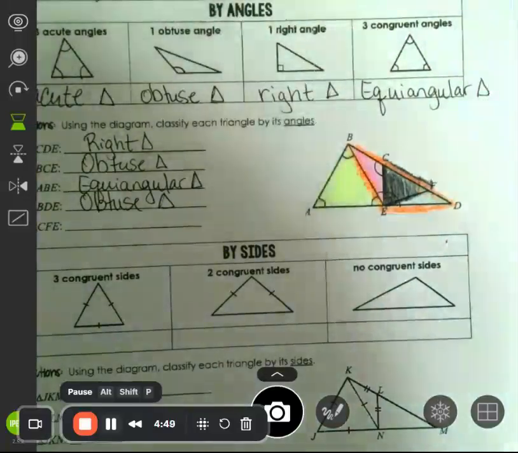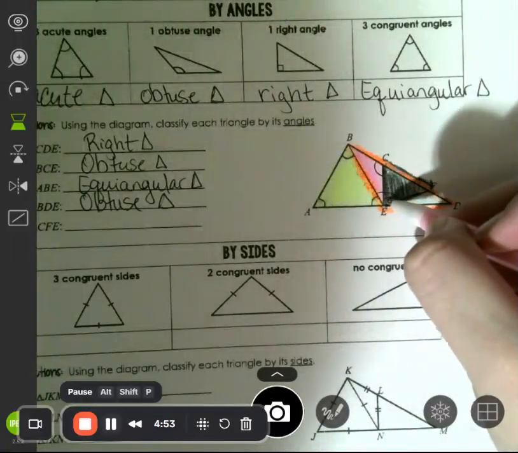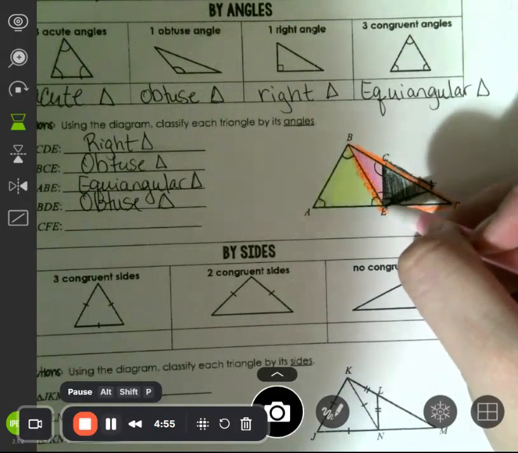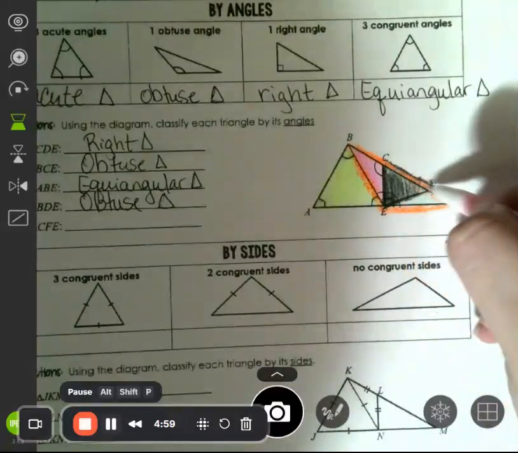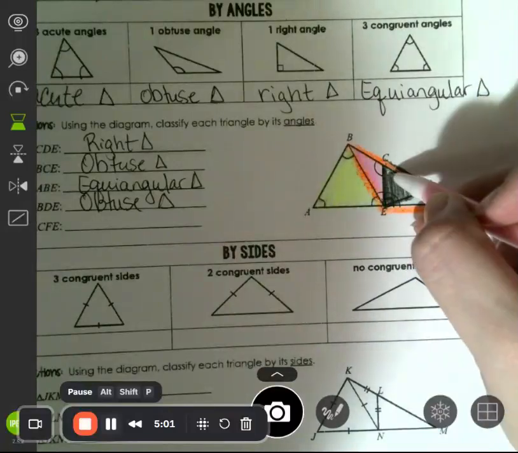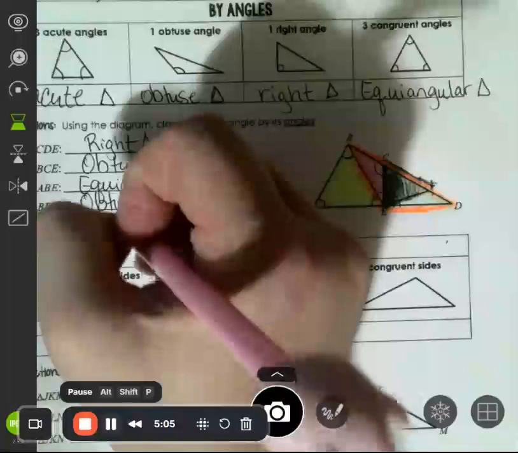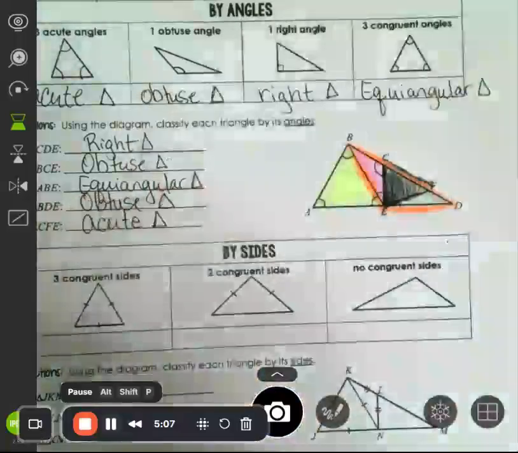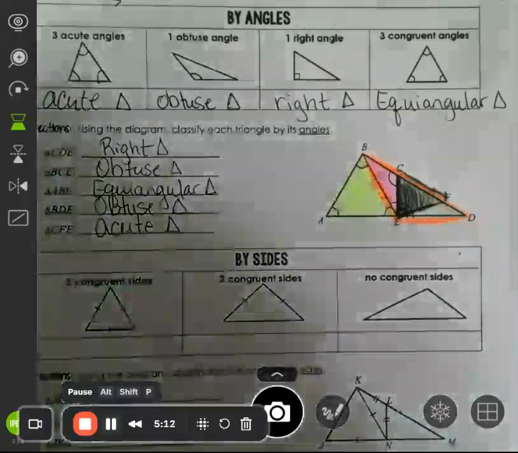Looking at the angles, if you notice that right angle went all the way down, telling me that that angle right there, E, is 90 degrees, so it's not quite all of that. Acute, acute, acute. This is an acute triangle.